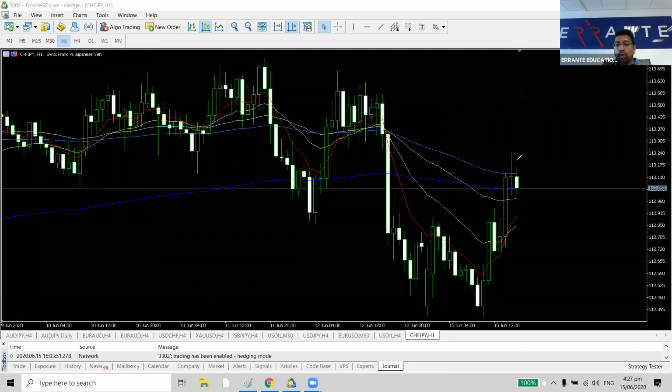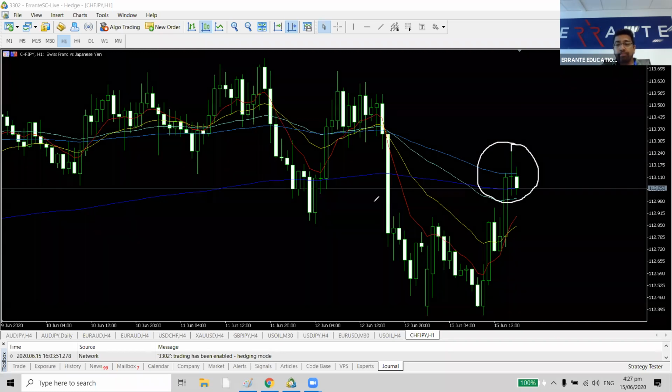Okay, so here, for example, this area here is a resistance right here. Now you need to look to the left, to the left, to the left. As you are looking to the left, you can see that this is a resistance area. Let me just clear it. Give me a second. Undo, undo.